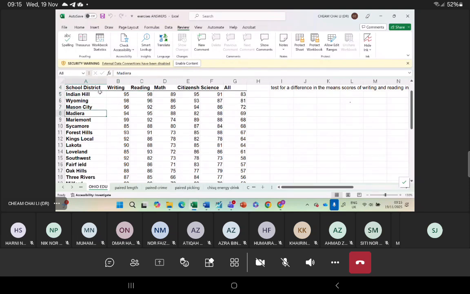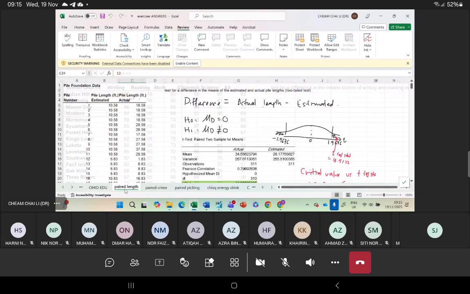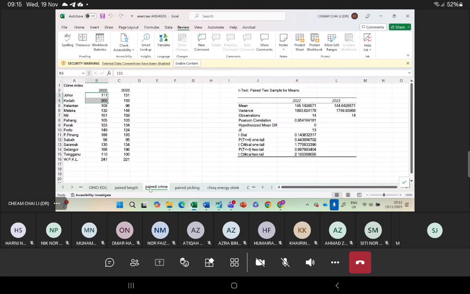Okay. Kalau untuk yang paired sample, another one, this is Powell Foundation data, estimated and actual. So dua ni adalah based on the same source. For crime rate, yang ni based on the same location.